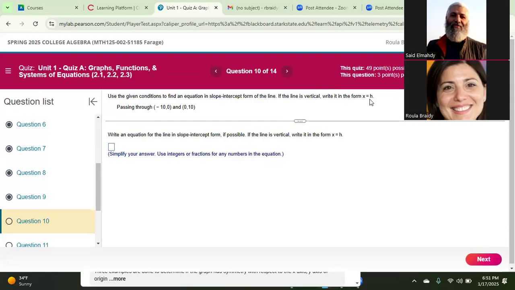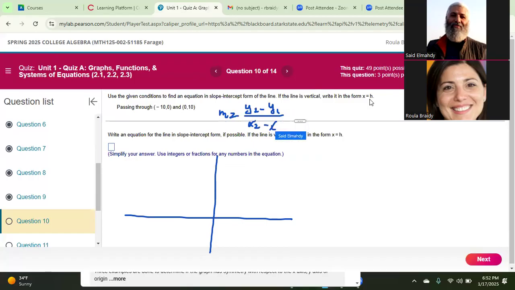We're going to use pretty much the same equation, y2 minus y1 over x2 minus x1. So y2 is 10 minus 0 over 0 minus (-10), which is 10 over 10. So the slope is 1.